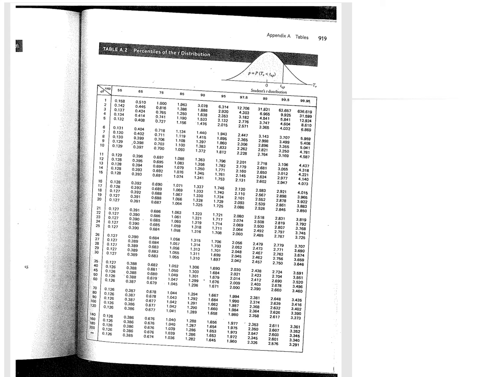All right. And so basically, what we do is, we find our row, it's going to be the 90, so we have 90 degrees of freedom, and we start going across that row. So we have 0.126, 0.387, 0.677, 1.042, 1.291. We can keep going and going and going.